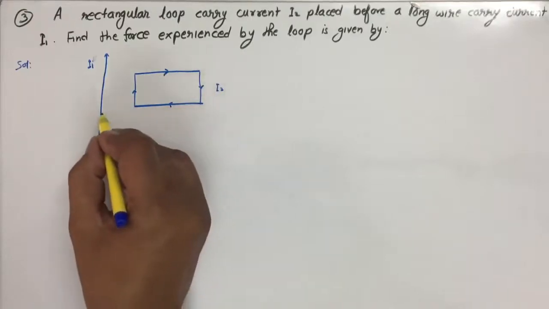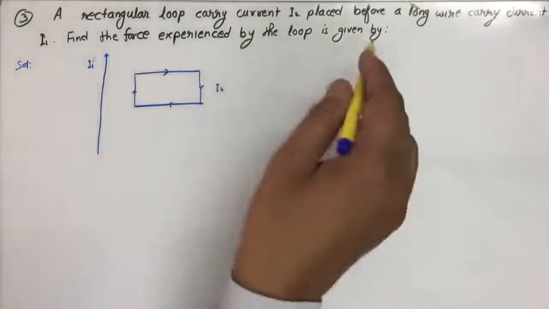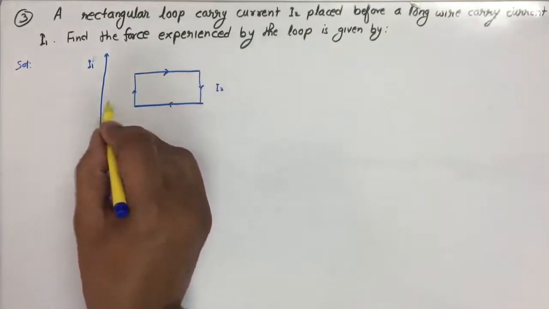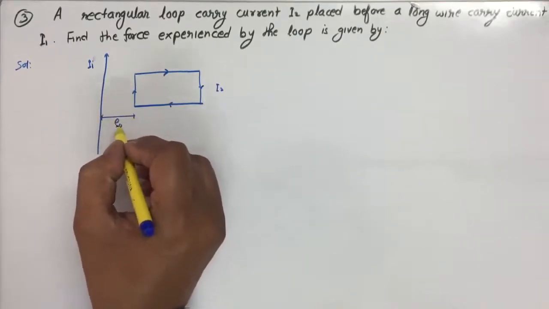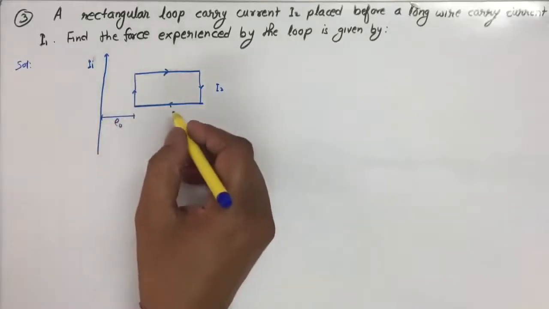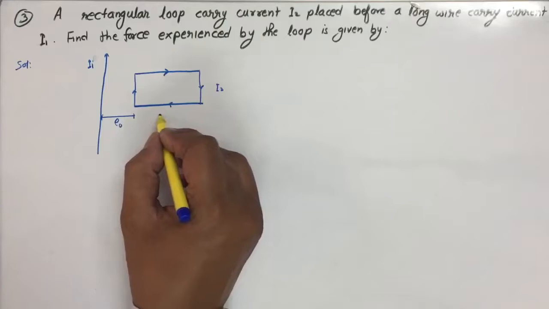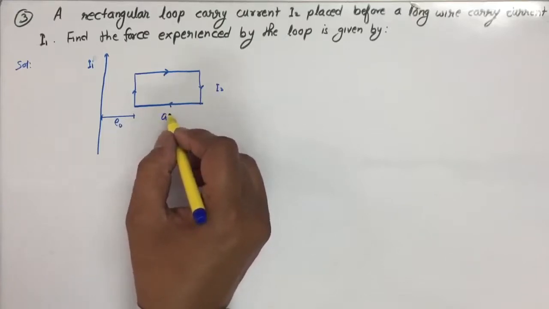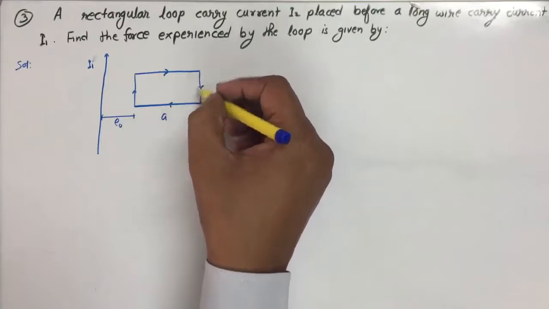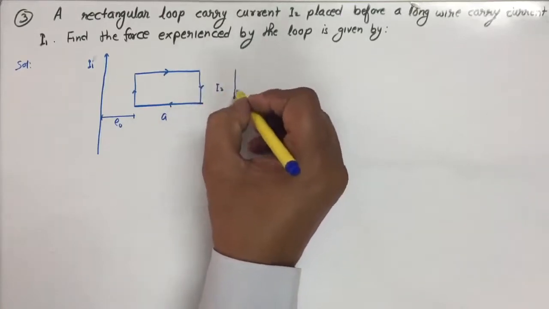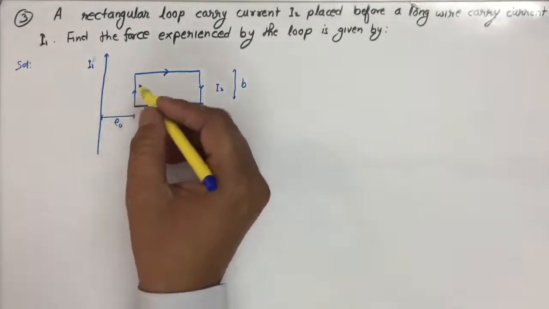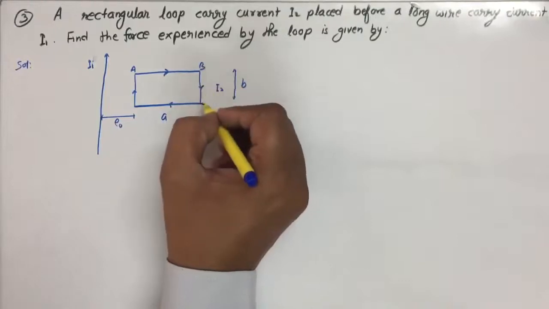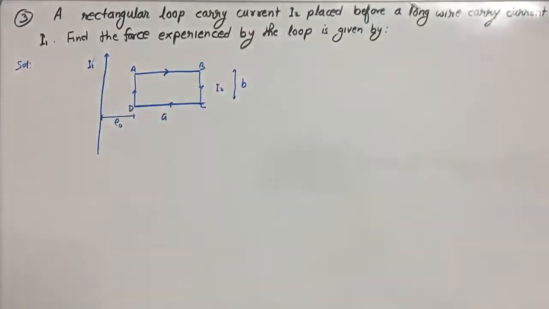The second assumption we can make, as nothing else is given here except these two, is that this is at a distance of rho naught, the distance between these two, and the length of the rectangle is A, and the width of the rectangle is B. Okay, and we will mark A, B, C, D.